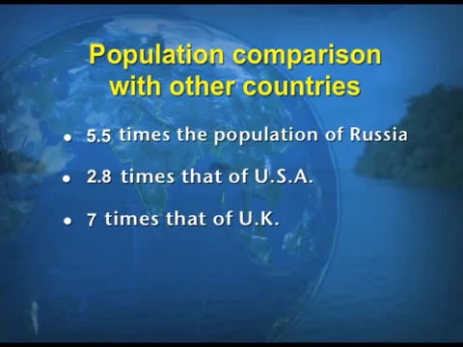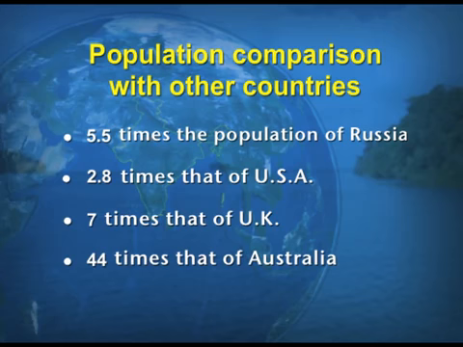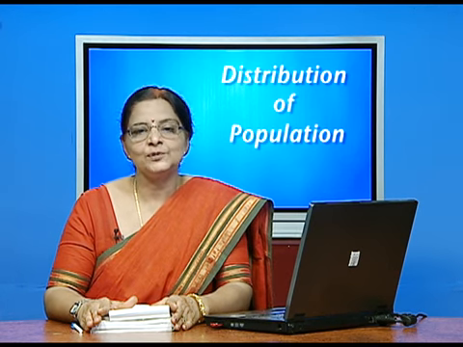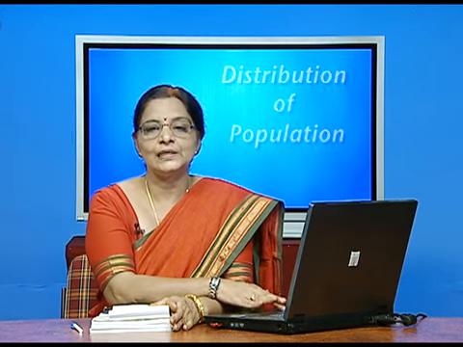It is 7 times more than that of the UK. And the most interesting fact is its population size is 44 times more than that of Australia. I repeat it, children, this is 44 times more than the size of Australia.